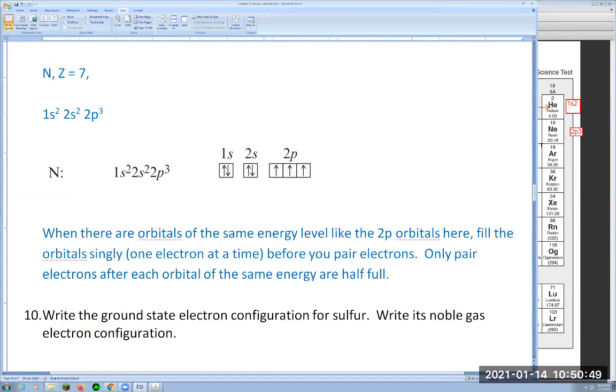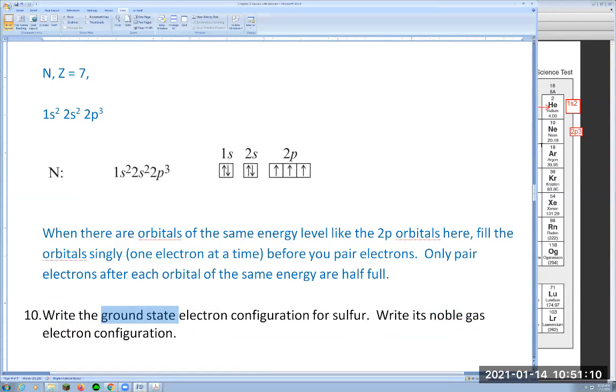Write the ground state electron configuration for sulfur and write its noble gas electron configuration. So you may wonder, why is it saying ground state electron configuration? Ground state here is just saying that you take sulfur in its neutral state and not its excited state.